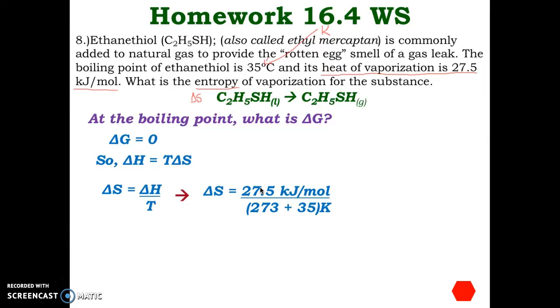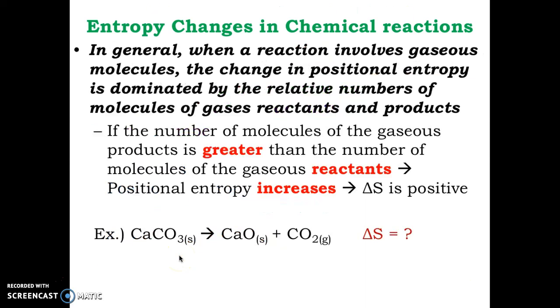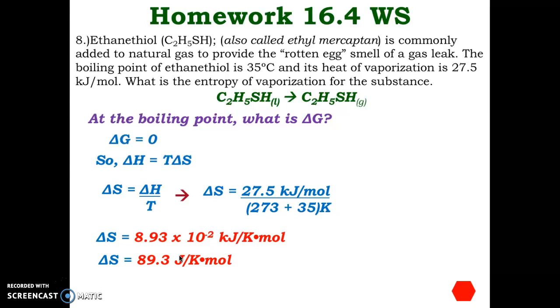So I take kilojoules per mole, 27.5, divided by 273 plus 35, and I end up getting 8.93 times 10 to the negative second, or 0.0893 kilojoules per Kelvin times mole as my unit for delta S. So I calculated my entropy of vaporization. If I wanted to put that in joules, this question didn't ask me to, but if I wanted to, it'd be 89.3 joules per Kelvin times mole. And that's my answer.